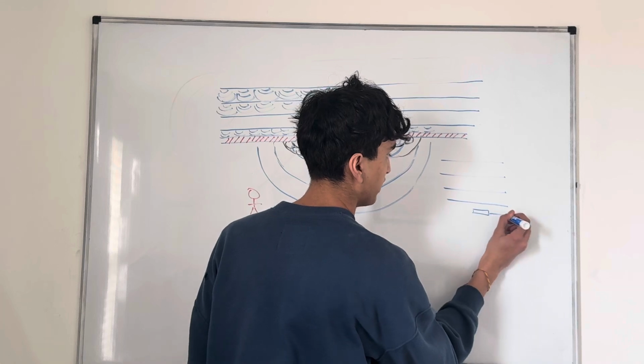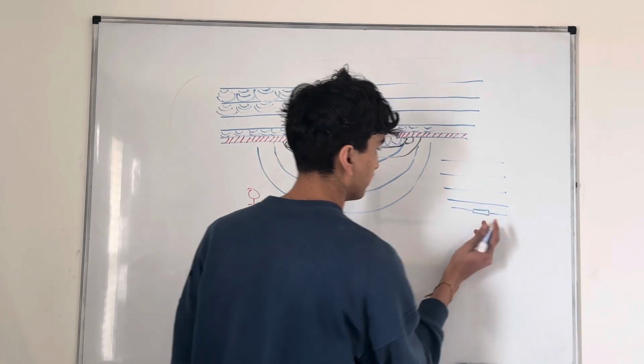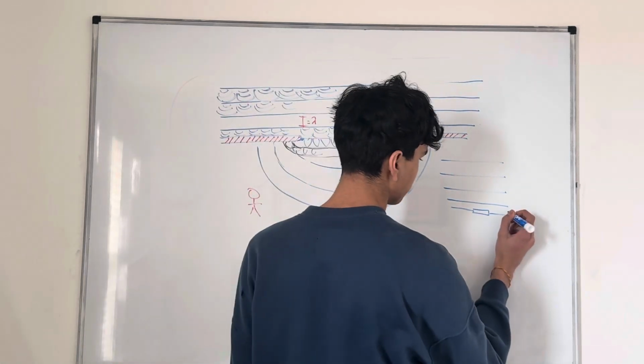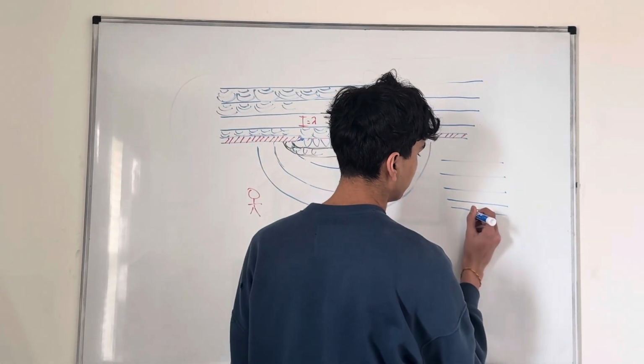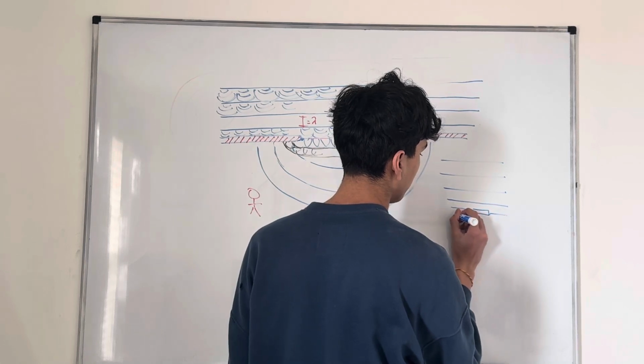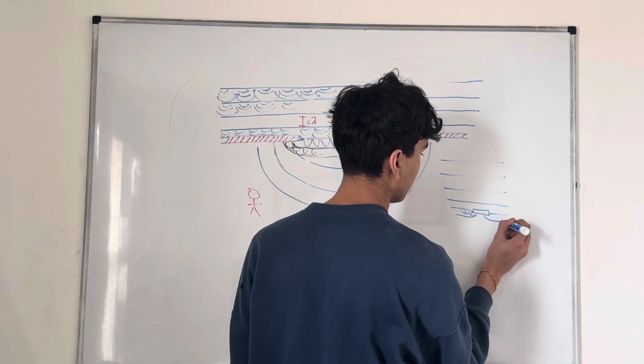So then there's going to be wavefronts here, but what ends up happening is now these points form wavelets like so, and you get these curves like so.